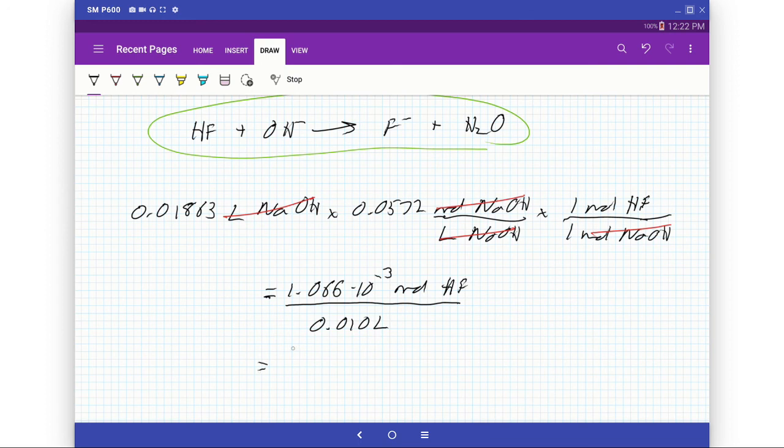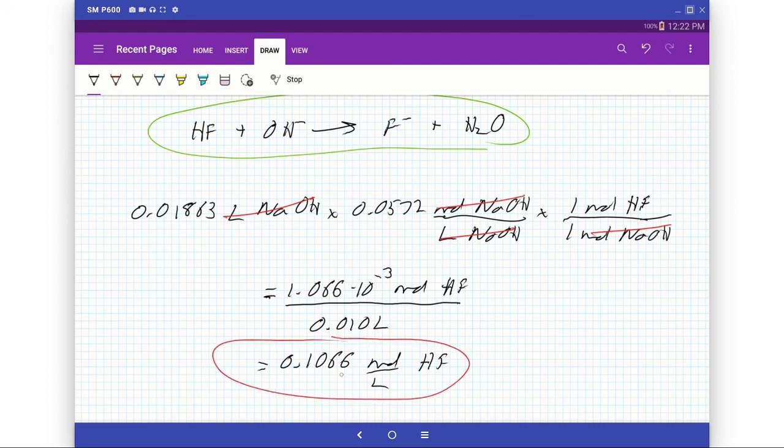And so the concentration is 0.1066 moles per liter of HF. And we're carrying an extra digit through for our calculations. So that is the concentration of the hydrofluoric acid solution in the overflow container.